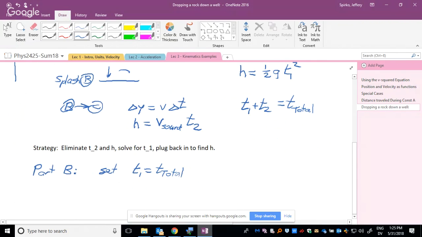Part B says, let's say we ignore the travel time for the sound. So that's basically saying T2 is equal to 0. So we'll ignore all the equations with T2, and we'll just set T1 equal the given value and find H.